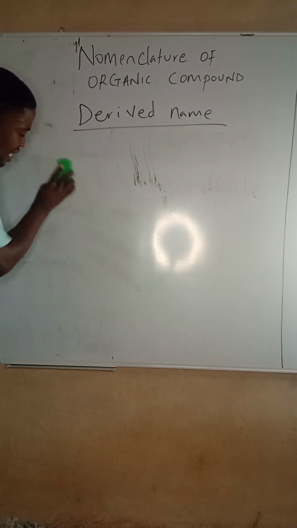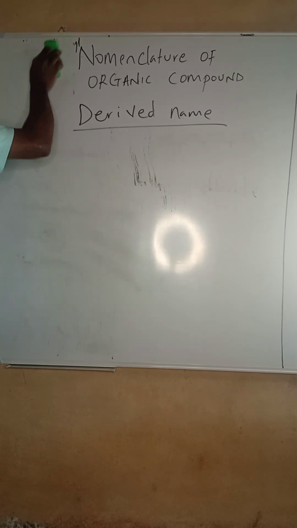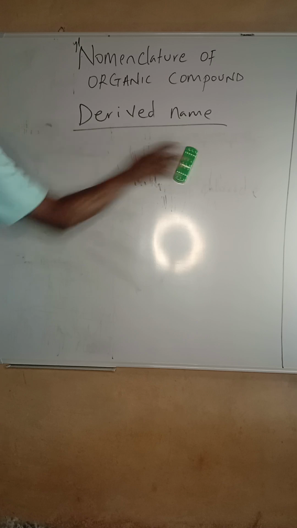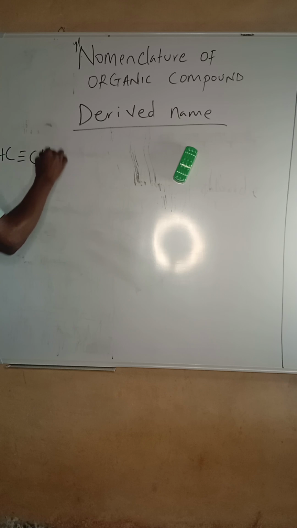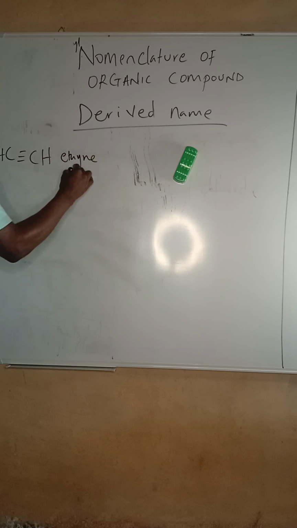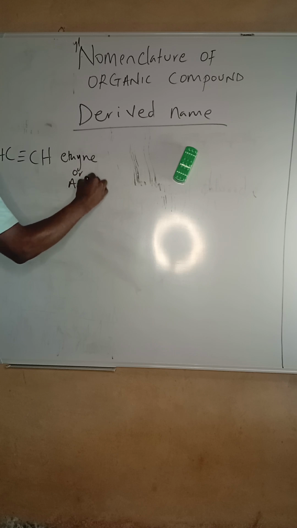So the first member of the acetylenes is ethyne. So ethyne is CH triple bond CH.